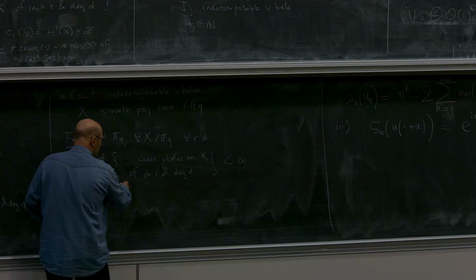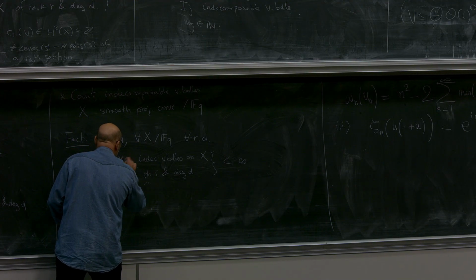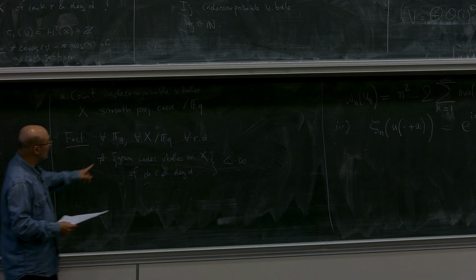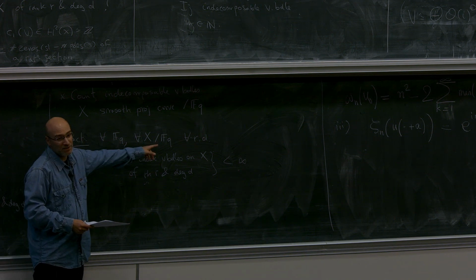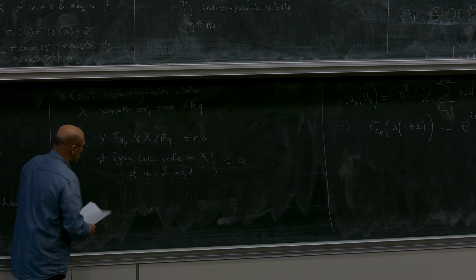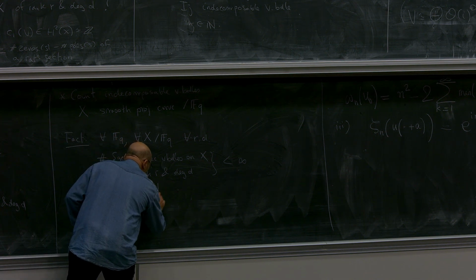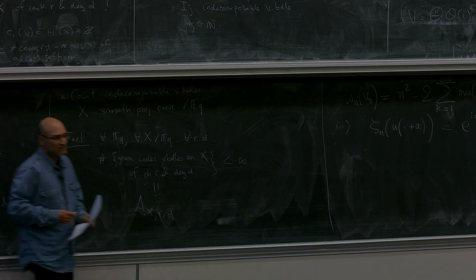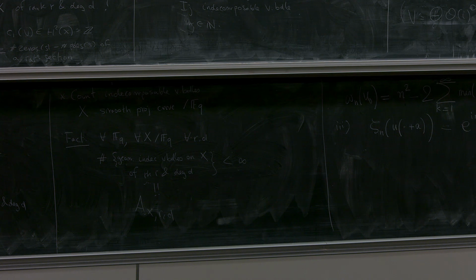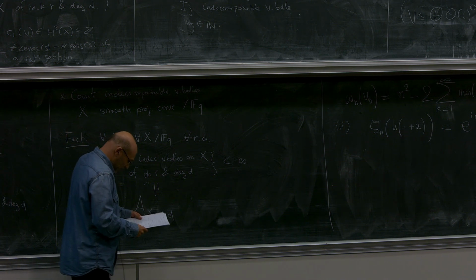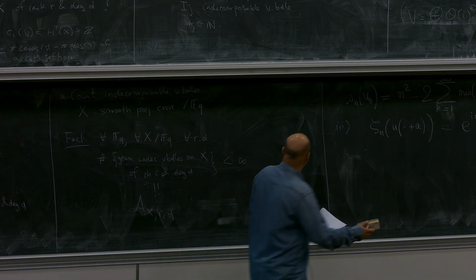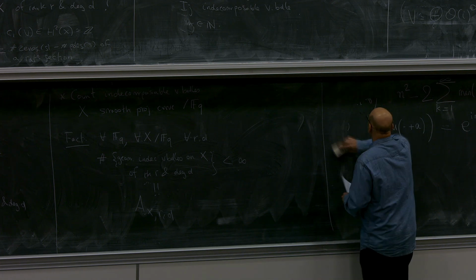OK, and so this number, or a small modification of this, I want to consider geometrically indecomposable vector bundles, meaning they remain indecomposable when I pass to the algebraic closure. So this number, let me just call this A_{X,r,d}. It depends on the curve, depends on r and d, a priori. Let's do some examples. What can we say about these numbers?